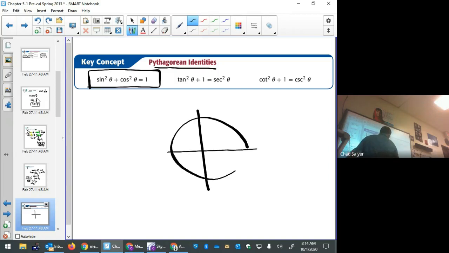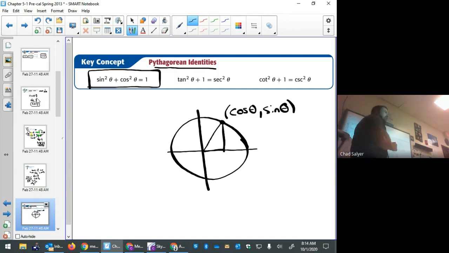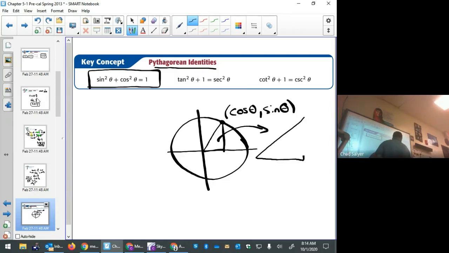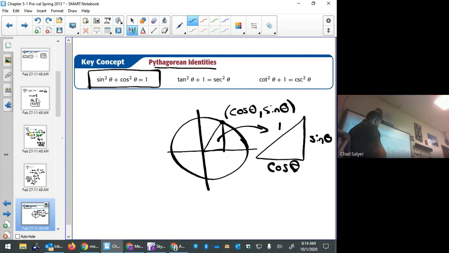So if I'm looking at the unit circle, I've got a point here, and it is the cosine of some theta, the sine of some theta. And if I took the associated triangle, you remember how we developed the points on the unit circle. So if I consider this triangle, you see how the x side is cosine of theta, the y side is sine of theta, and then the hypotenuse is 1.